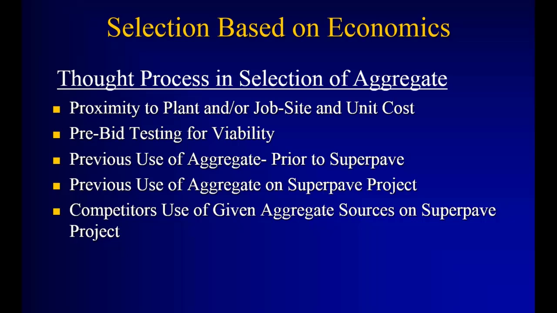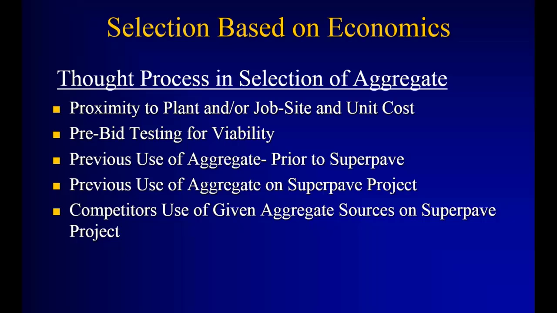And so there's a lot of this proximity to plant or job site, and what it's going to cost me either to haul or process my ton-mile haul if I got to dry haul the aggregate in? Does the site itself or the source itself meet the requirements? And if I'm opening up a new sand and gravel pit that, quote, I discovered, unquote, I need to test it for viability.